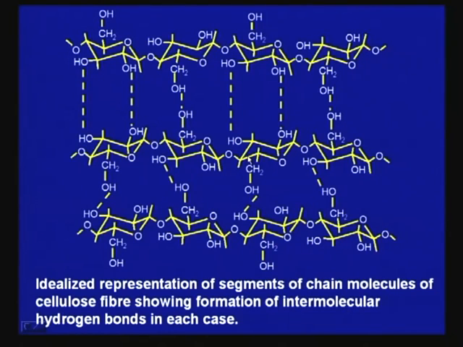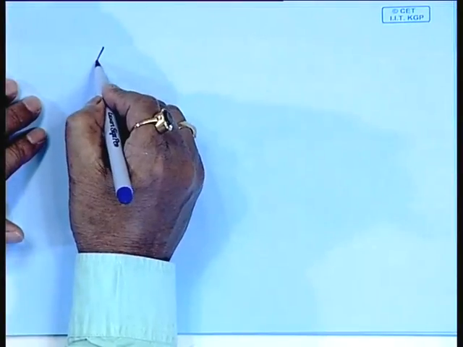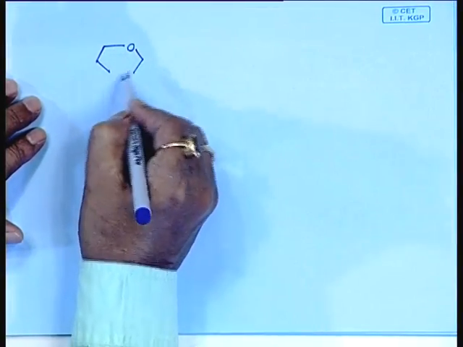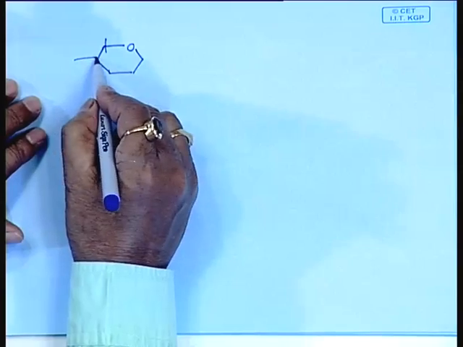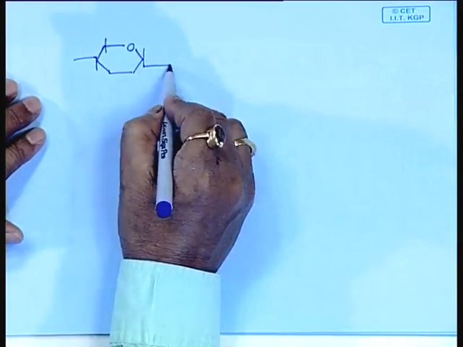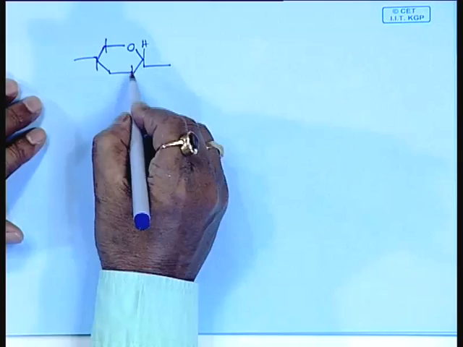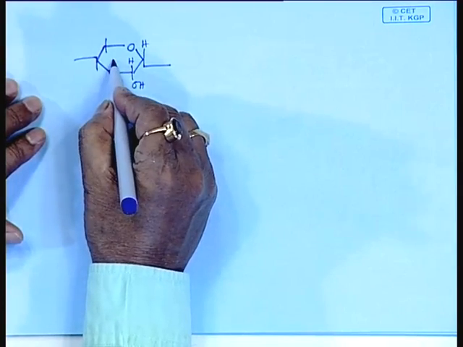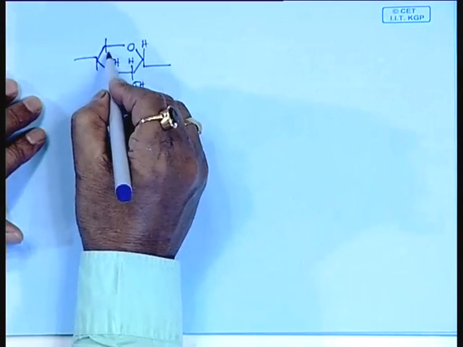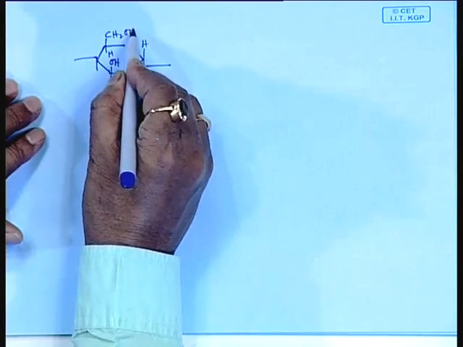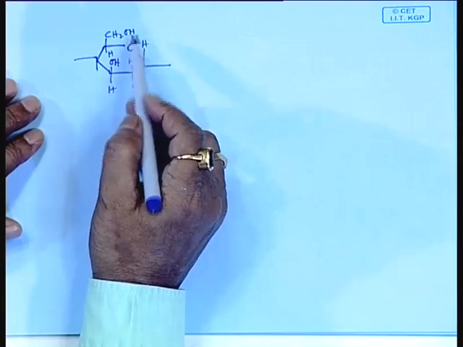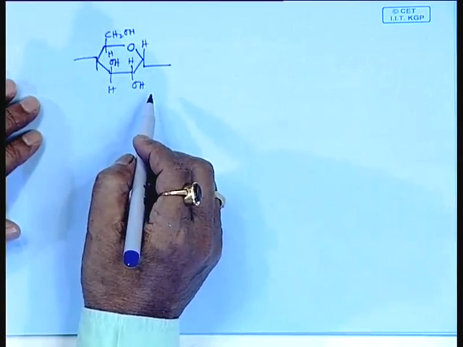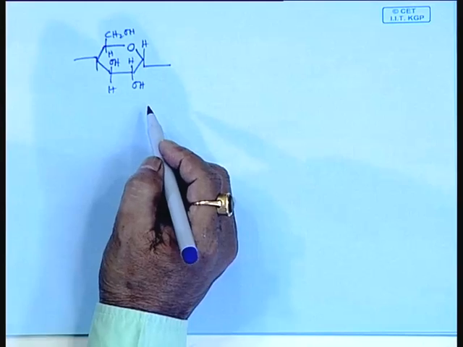This may be a little complicated for students from a non-chemistry background. Just see, you can visualize it in this fashion also. These are primary hydroxyl groups, these are secondary hydroxyl groups present in the cellulose anhydroglucose ring.